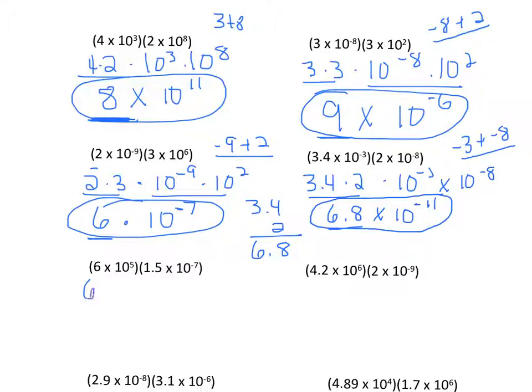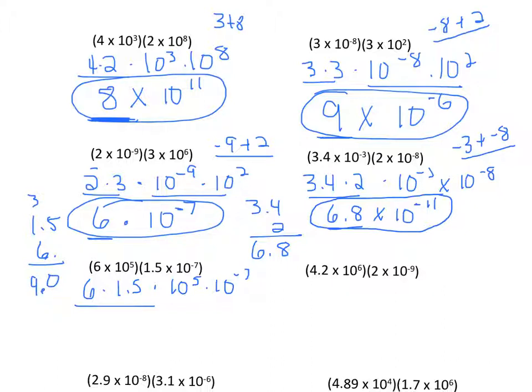We regroup, putting our decimals next to each other and our powers of 10 next to each other. We simplify, and again, if you can't do that, do it off to the side. 1.5 times 6, so 6 times 5 is 30. Carry the 3. 6 times 1 is 6 plus 3 is 9.